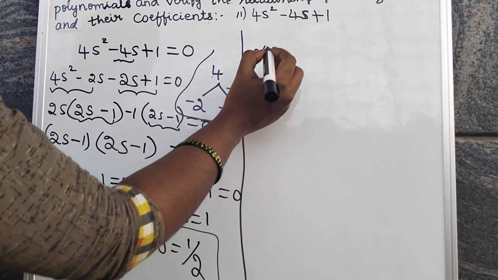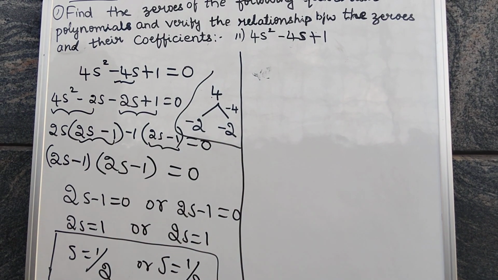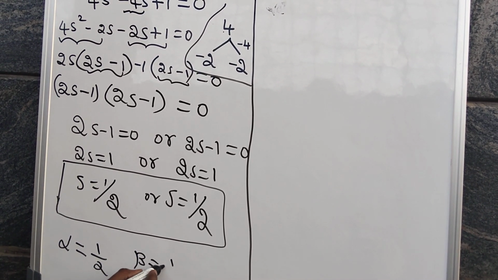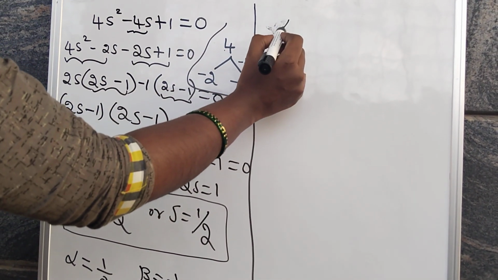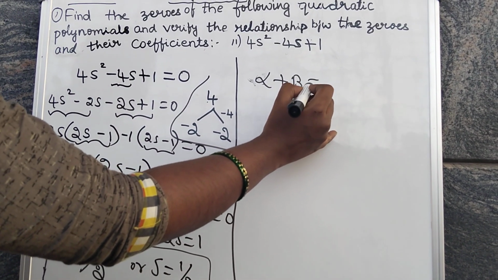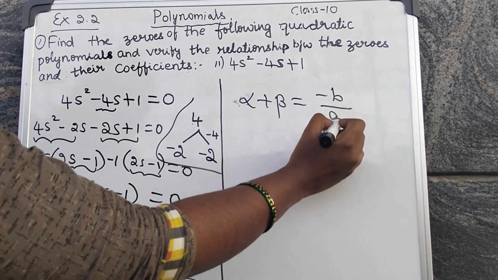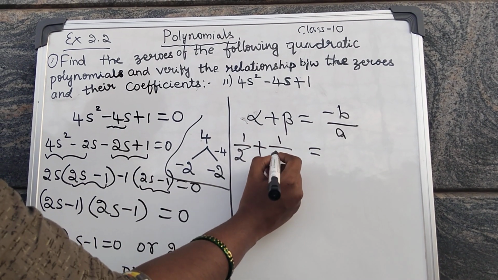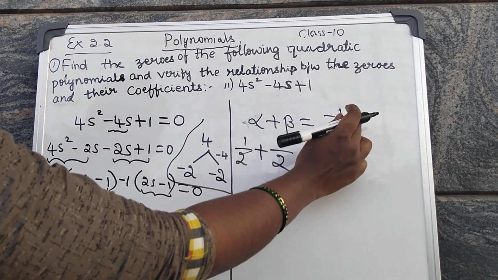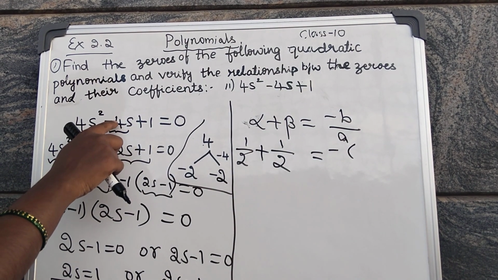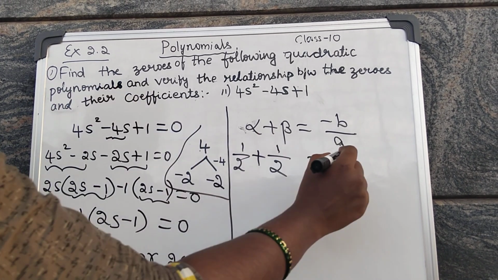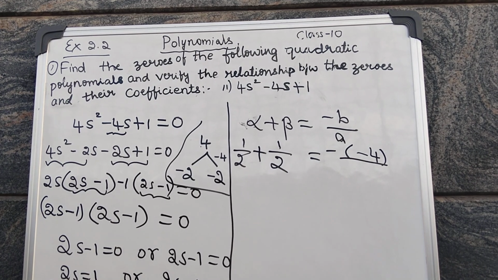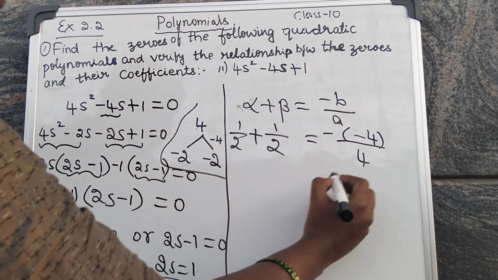Now you have to check these zeros with the coefficients. You will take one zero as alpha and the other zero as beta. So alpha plus beta equals −b/a, which equals alpha is 1/2 plus beta is 1/2. For the minus, you will write minus. b is the coefficient of s, that is −4, divided by a, the coefficient of s², 4.